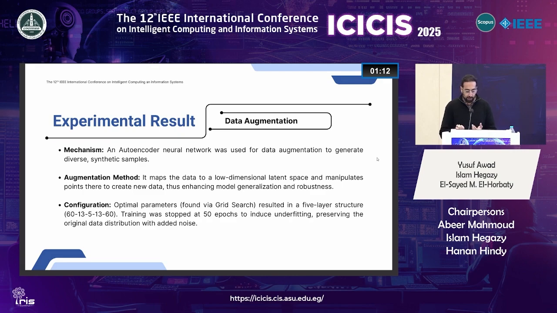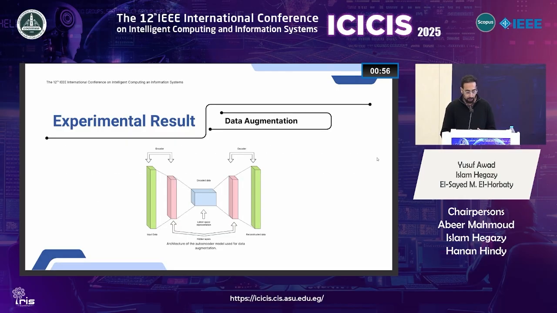The most prominent architecture for this type of neural network, we constructed the layers as we see: 60, 60, 13, 5, 13, 60 with an epoch of 50. So this is a picture of the architecture.